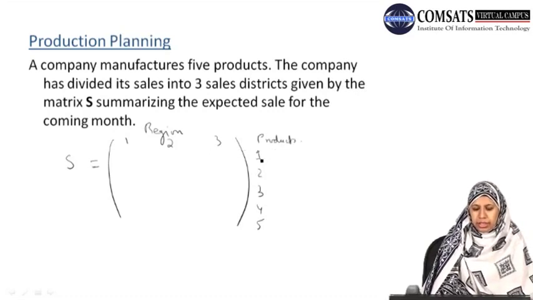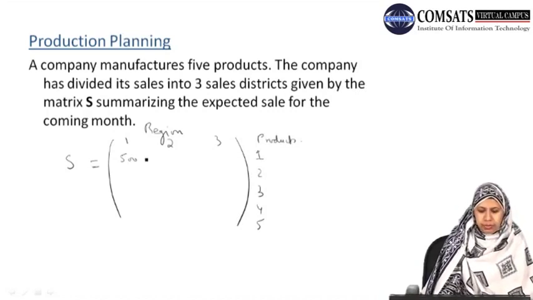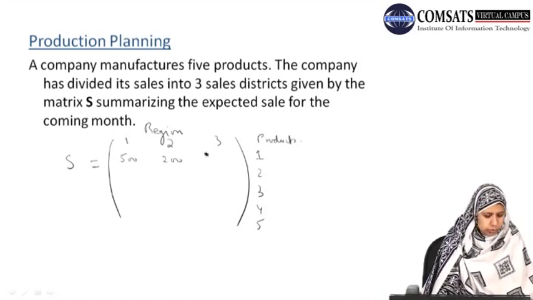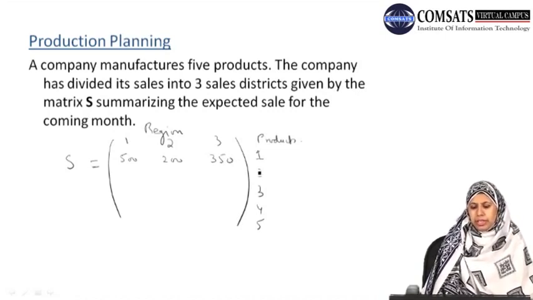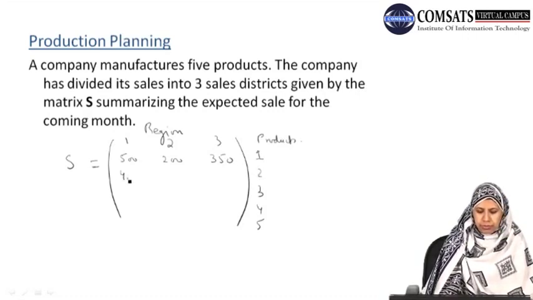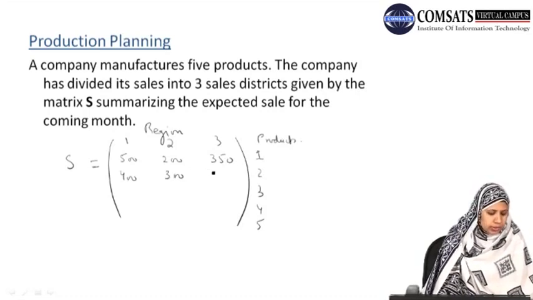And the data which the company has is that the product 1 is expected to sell in region 1 of 500 units, in region 2 200 units, in region 3 350 units. The expected sale of the product 2 in region 1 is 400 units, in region 2 is 300 units, and in region 3 only 100 units.